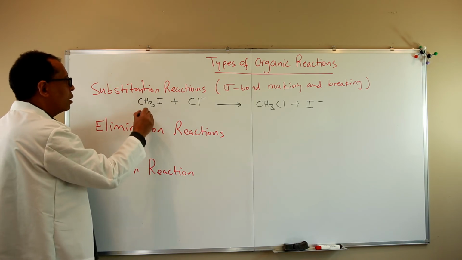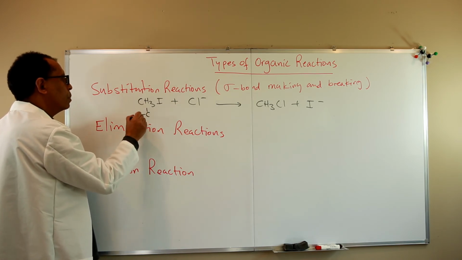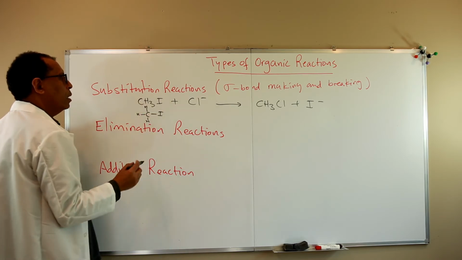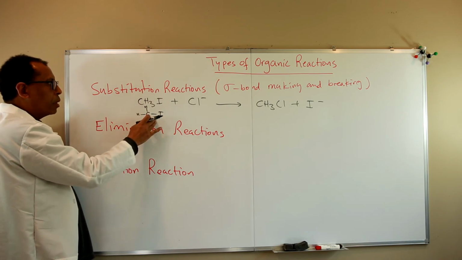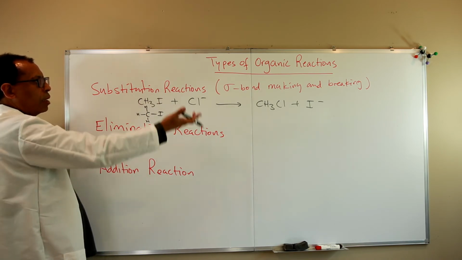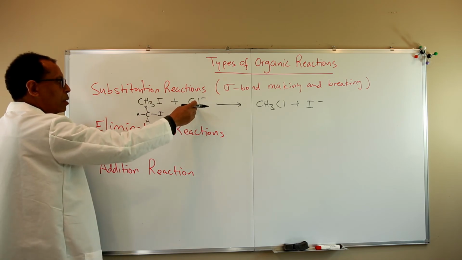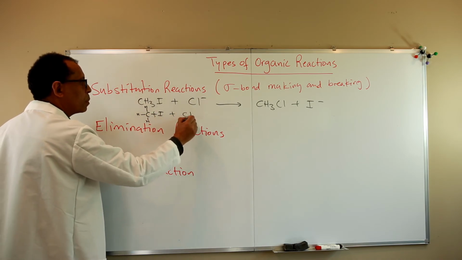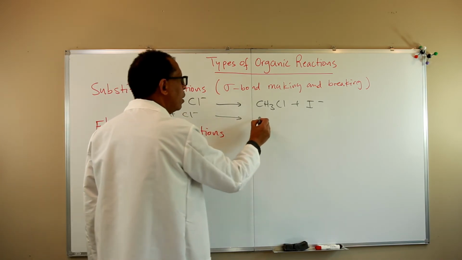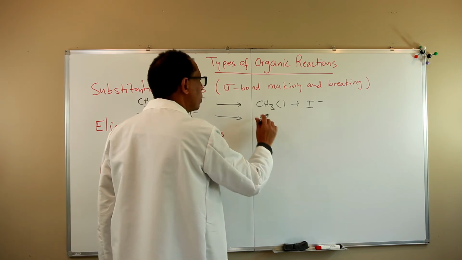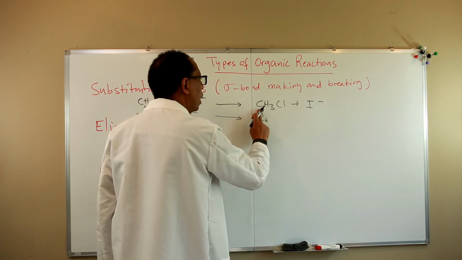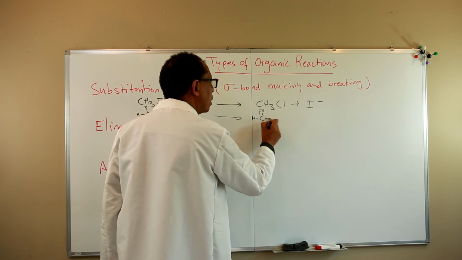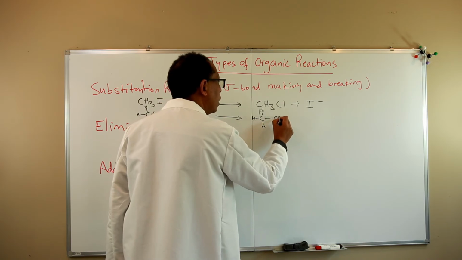If I just write it like this, these are hydrogens, and this is iodine. This bond is being broken to substitute with another anion, which is the chloride anion. This is what is being broken, and here you make CH3Cl with the hydrogens, and a new sigma bond is being formed.